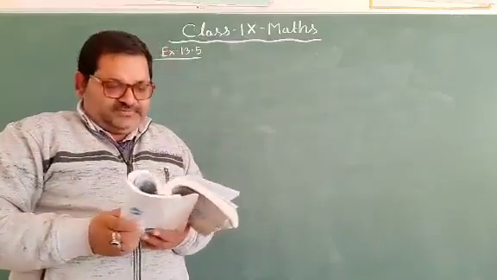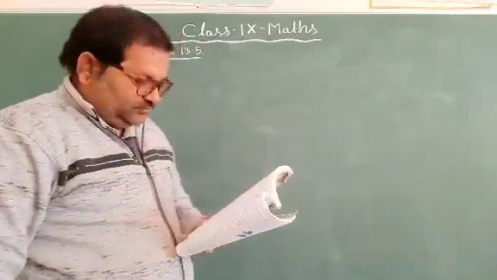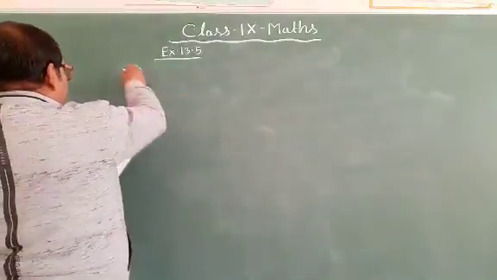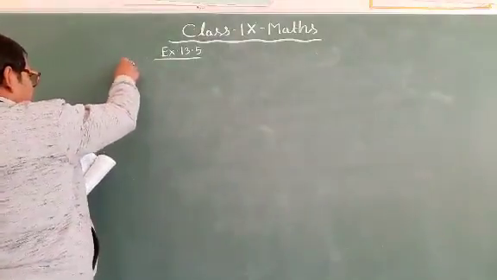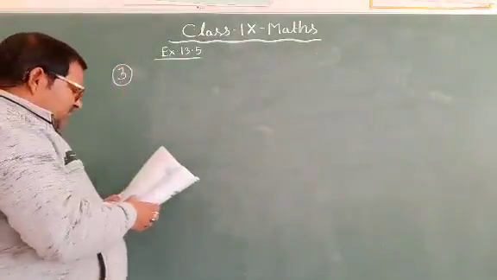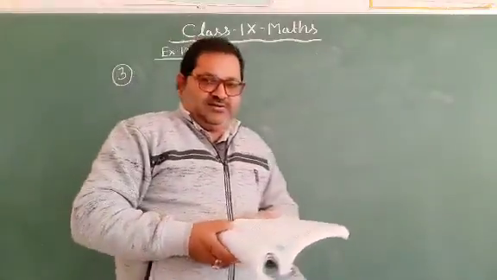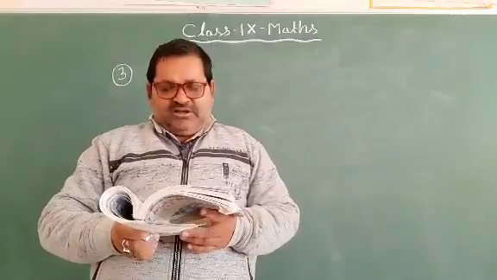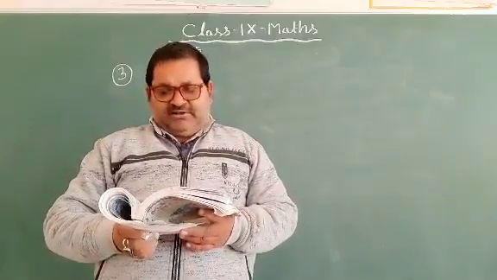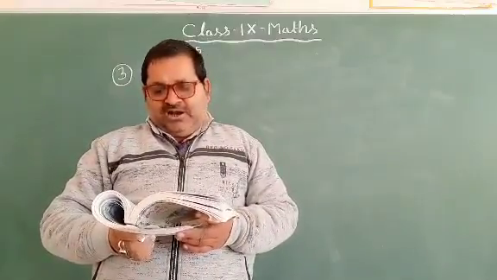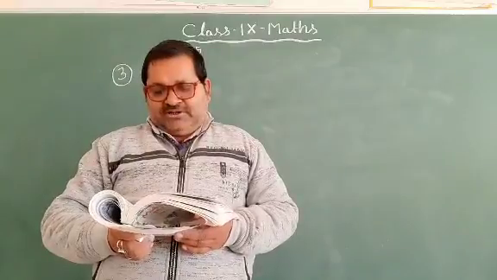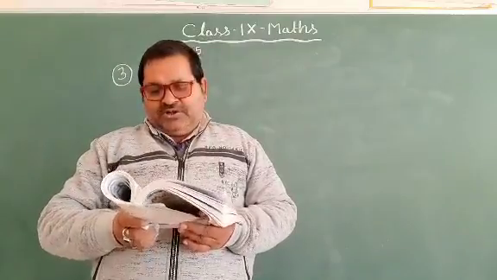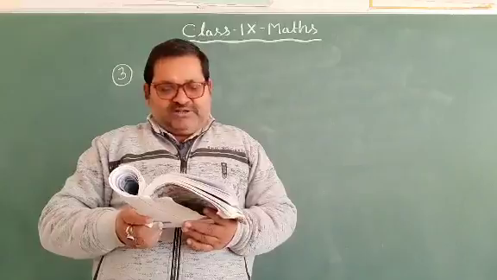Question number 3. A cuboidal vessel is 10 meter long and 8 meter wide. How high must it be made to hold 380 cubic meter of liquid?